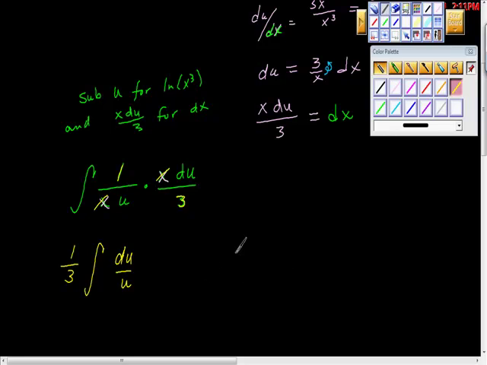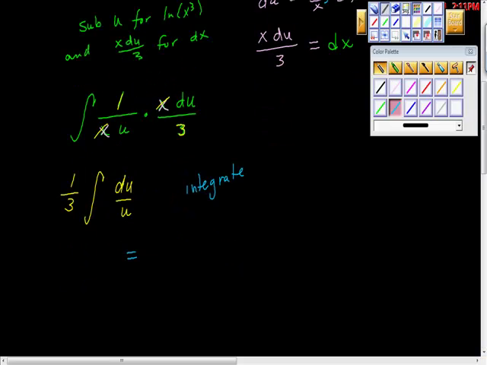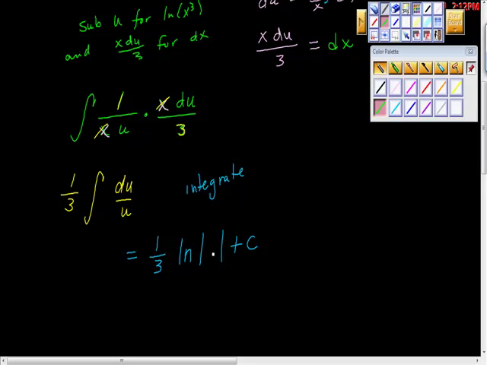It's ln. So if we integrate here, we get 1/3. Of course, that's just 1/3. We know that the integral of du over u is ln of u, so here's ln of u plus c. Here's that u right here, isn't it?